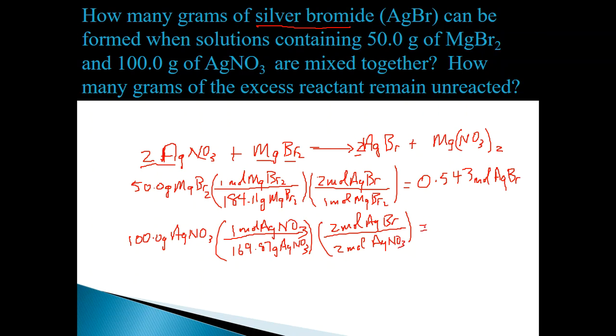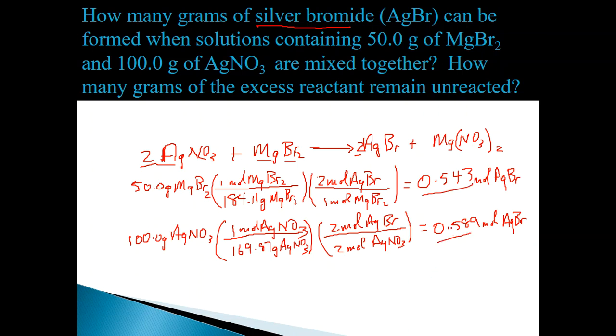So 100 divided by 169.87, and according to my calculation, this works out to be 0.589 moles of AgBr.